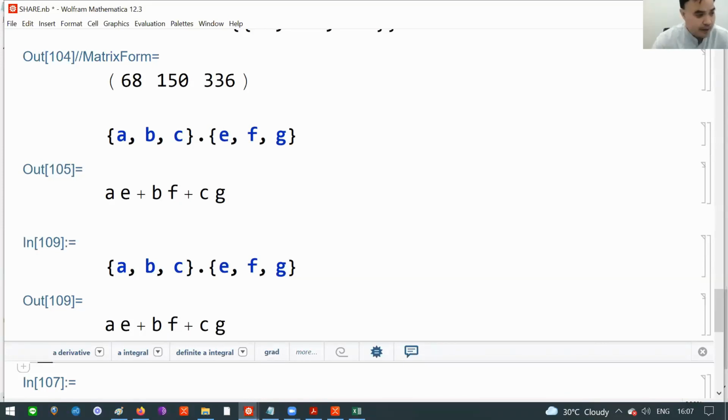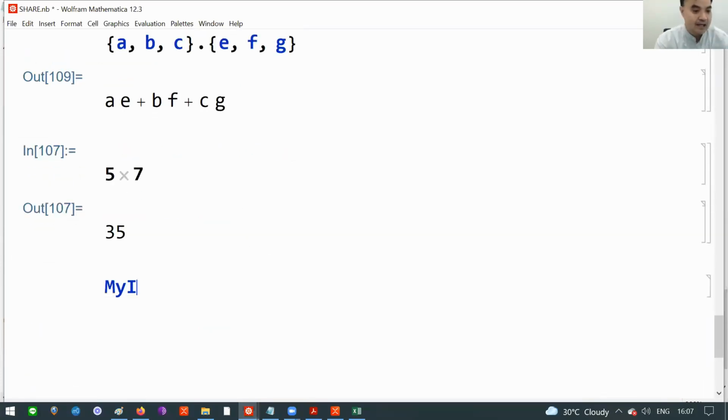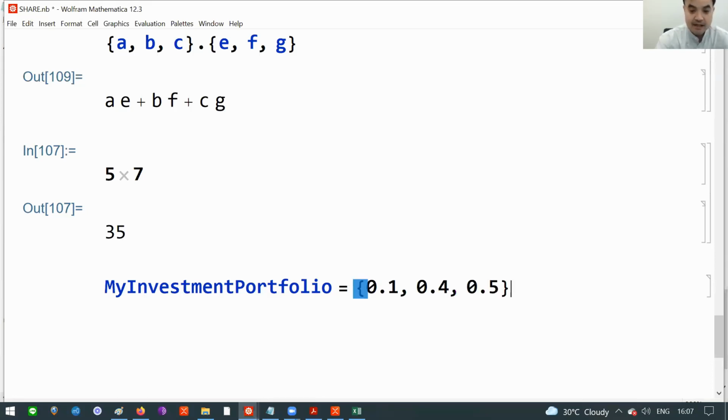Now, the most obvious thing we can have is something like this. My investment portfolio is equal to, I have 10% in cash and 40% in bond and 50% in equity.